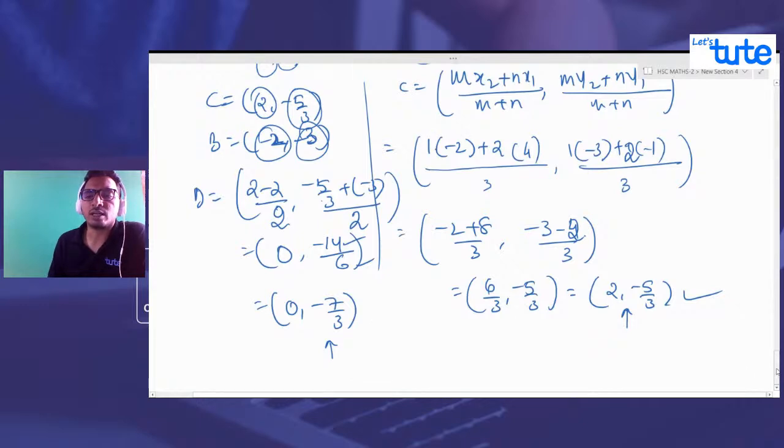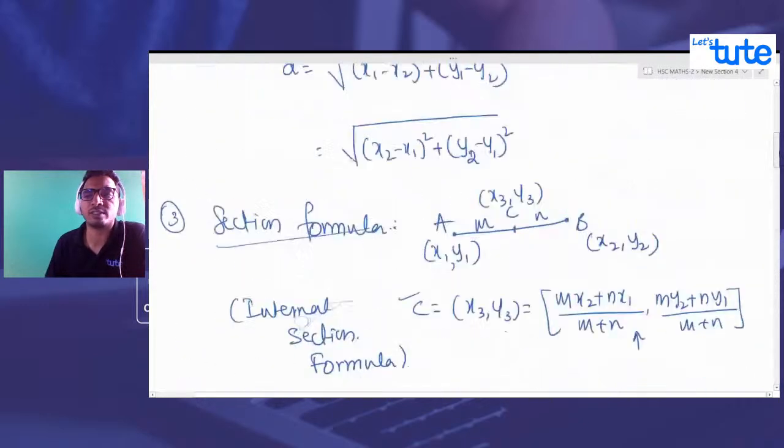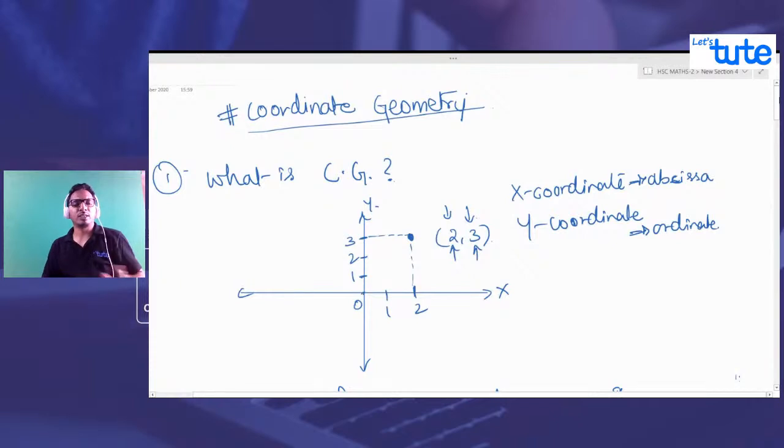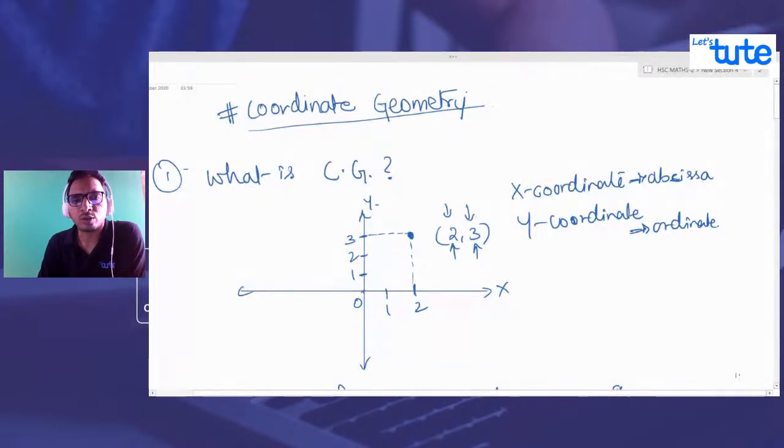So that's what we have just revised, all the things we have been learning for the past 2 to 3 weeks. We have seen what coordinate geometry is, and we understood that, yeah, -5/3, that's correct. Let us just check the answers you have given.